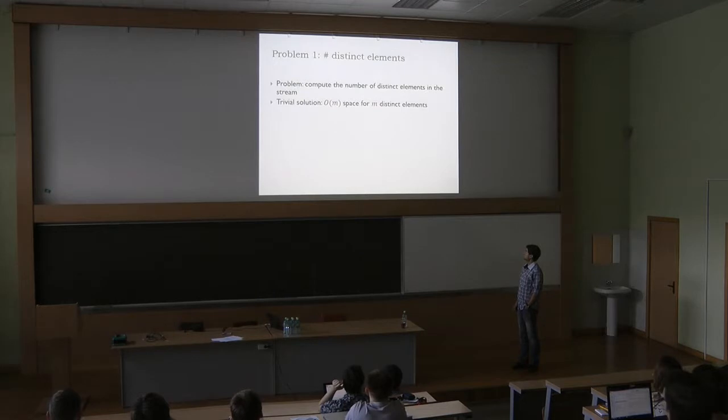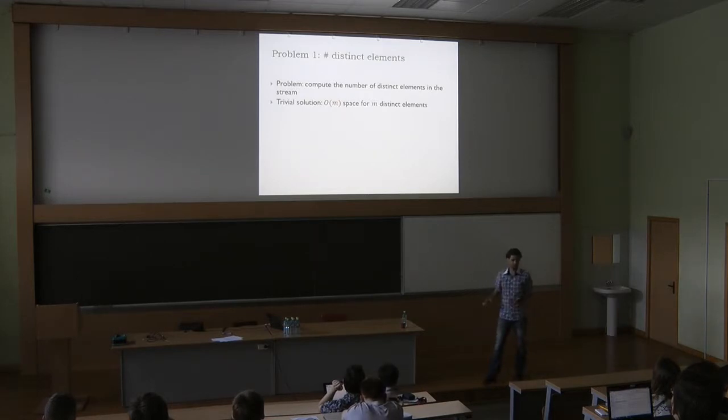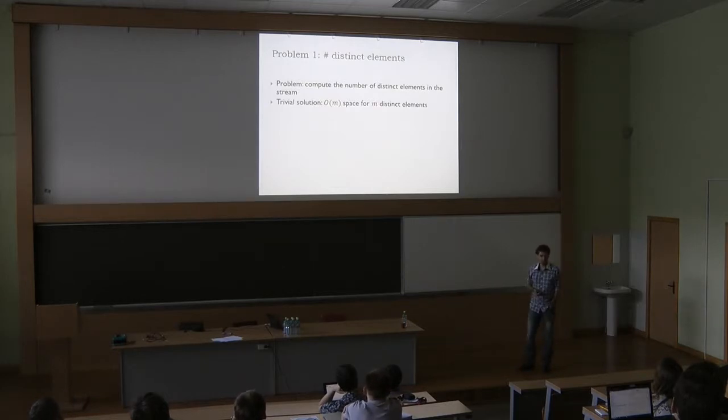The trivial solution would be to have roughly space order m for m distinct elements. You can store a hash table of things that you have seen, and each time you see a new element, you hash it and see if it's already there or not. If it's not, then you put it in the hash table. If it's already present, then you go to the next element.